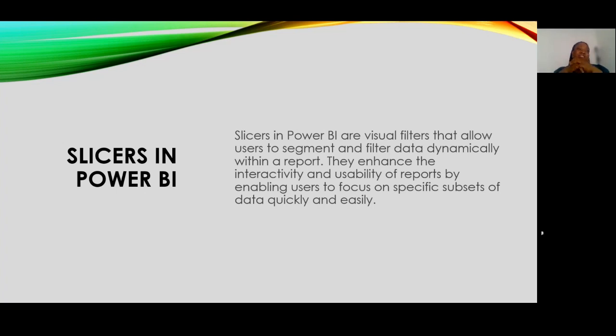Very easy. In layman's terms, slicers just help us. So you know how you have a bigger report, and probably you have a report that covers a company operating in different capacities across different countries, right? Maybe we have one in Nigeria, one in Ghana, one in South Africa, one in UK, one in US.